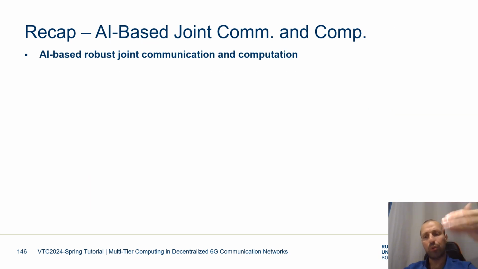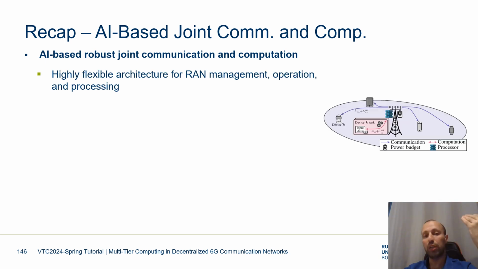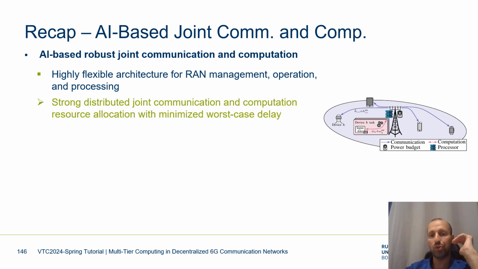When we spoke about the online type of solution, we came across AI-based joint communication and computation. We described how we can look into joint uncertainty in the communication channel as well as in the resources.